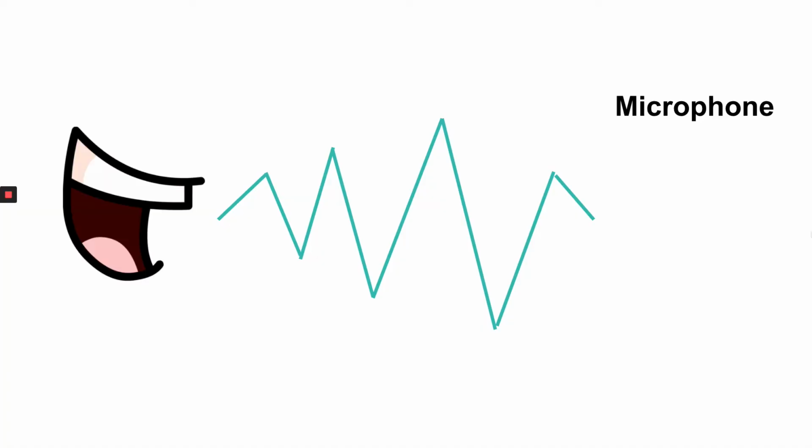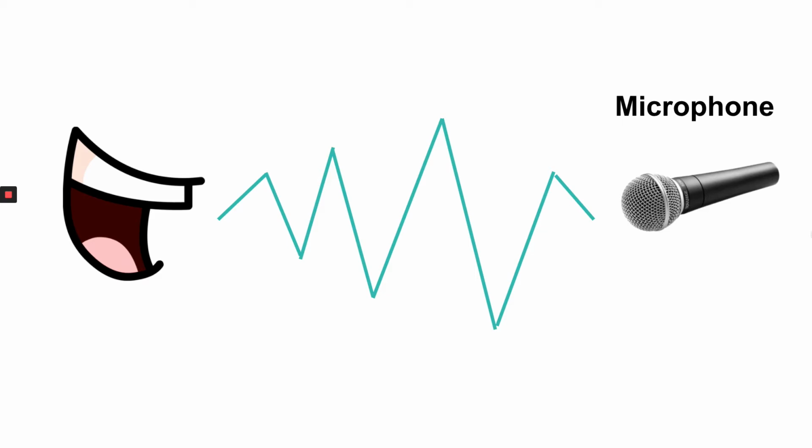Now, this can also be put into perspective when we talk about recording sound. So if you were to speak like I'm doing now, that speech creates air vibrations in the air. These in turn travel to an object like a microphone, and the microphone acts as an electronic ear.